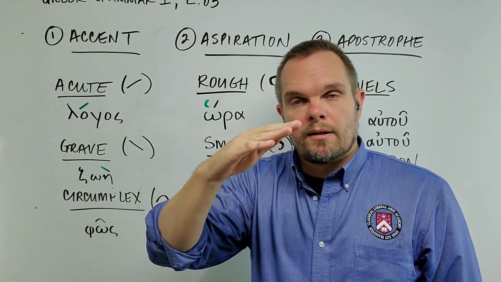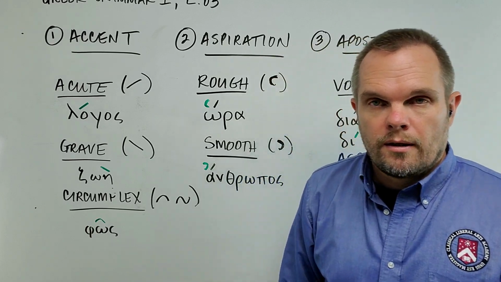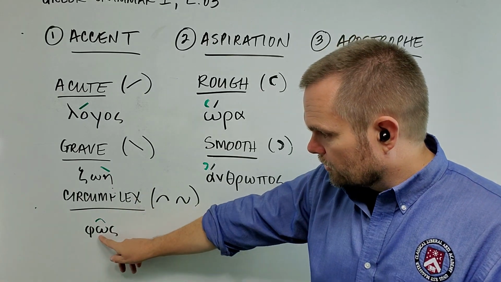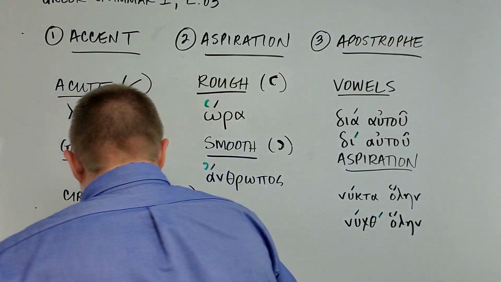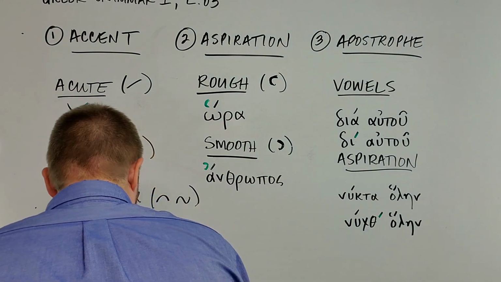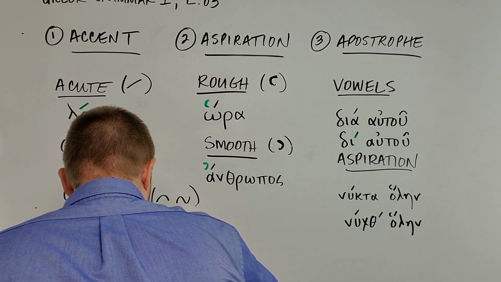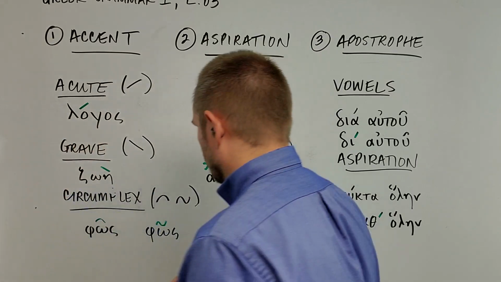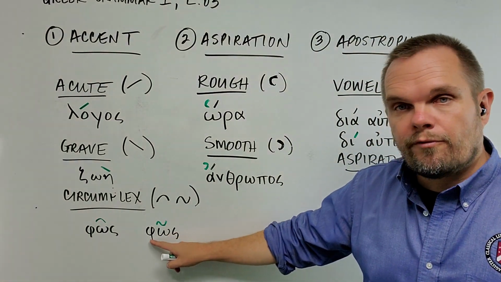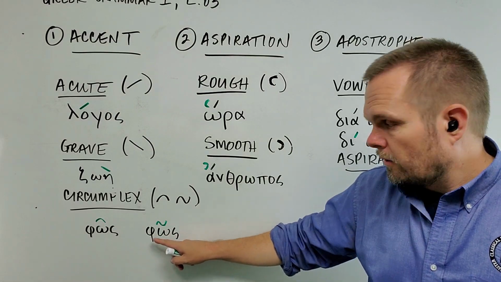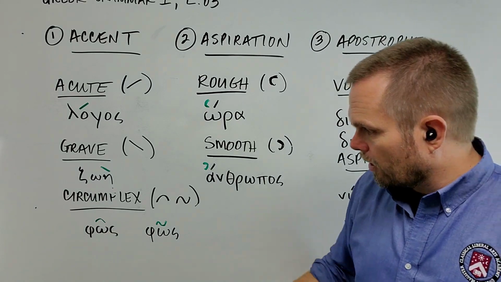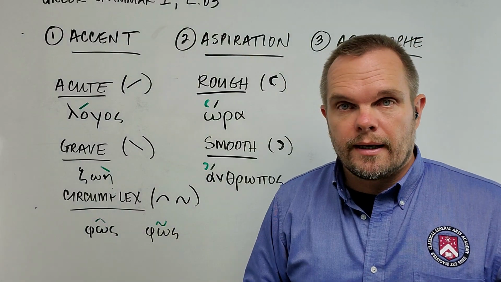You can hear the rise and the return of the pitch on that syllable. That's a circumflex accent. And just for the sake of being complete, you may also see it like this. Here we have the tilde marking the circumflex. So either one of those symbols will be found marking the circumflex accent.